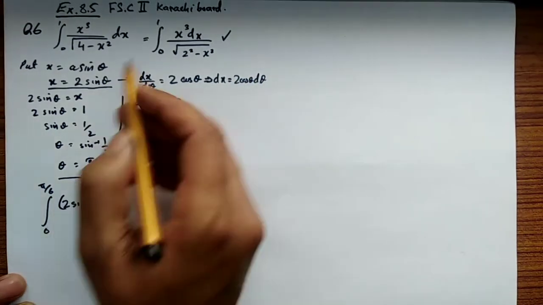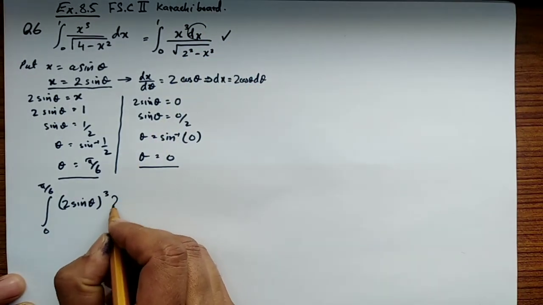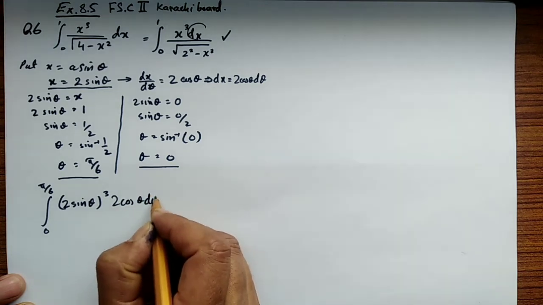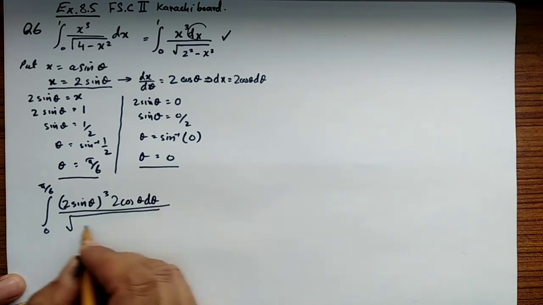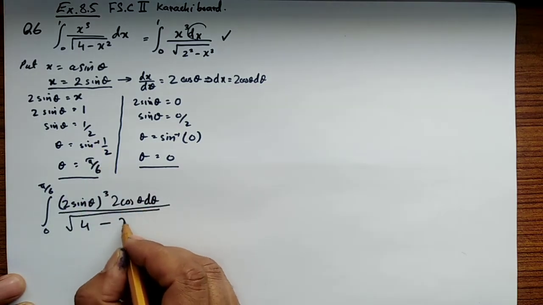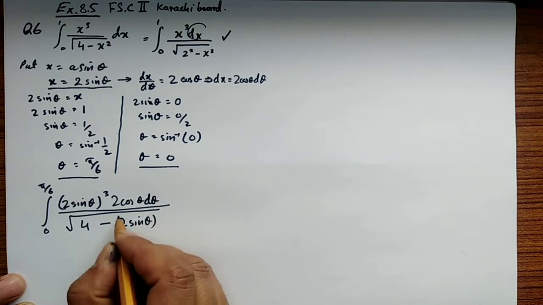So in place of this dx I am going to write 2 cos theta d theta whole divided by root of 4 minus, in place of x square, 2 sine theta whole square.